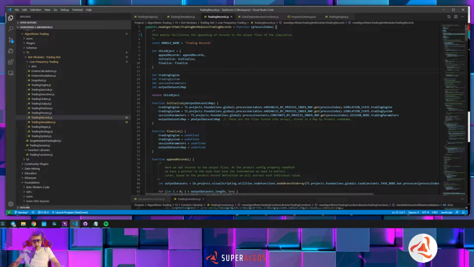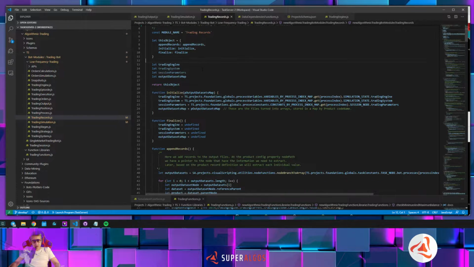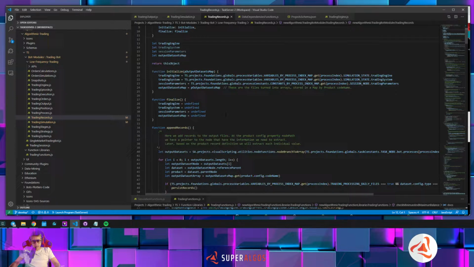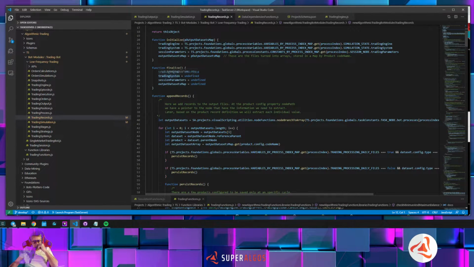So the module is called trading records, but what I'm trying to see is if this is related to trading or is some functionality that is not related to trading at all. So we do have the trading engine, trading system, session parameters, but this can be generalized because everybody will have a system and an engine.